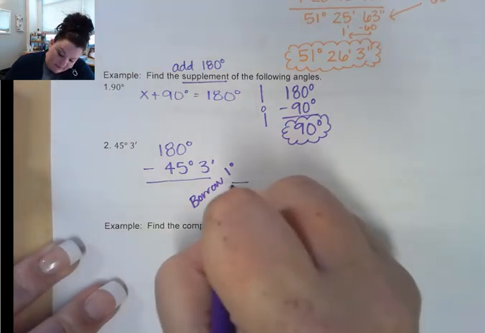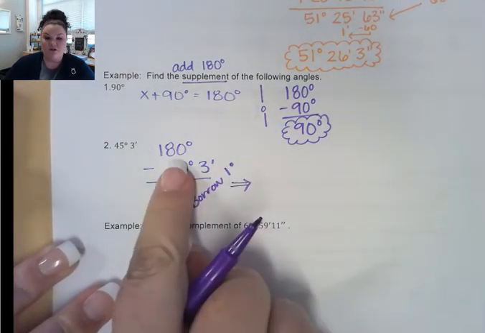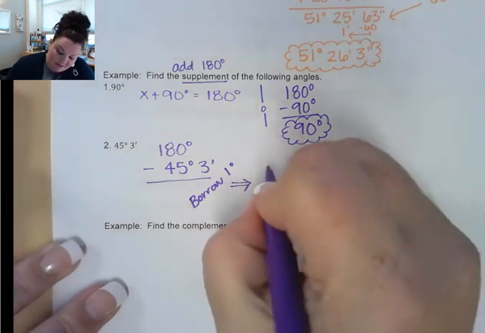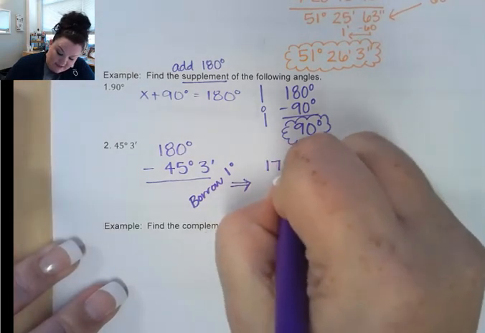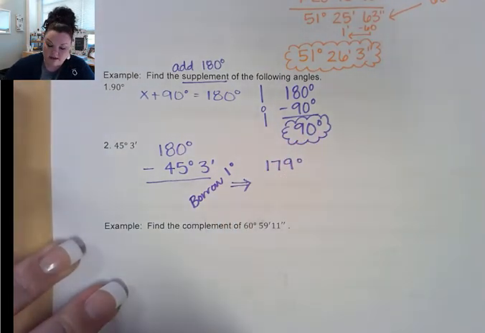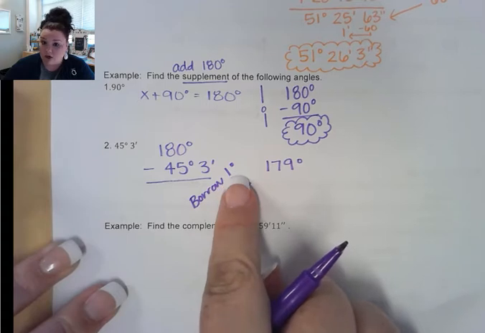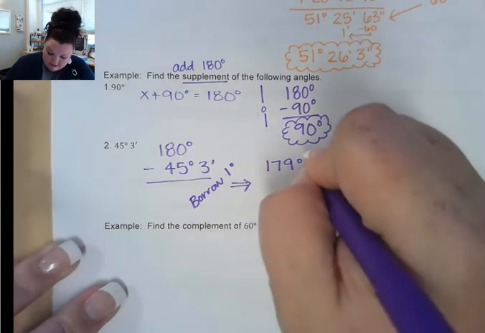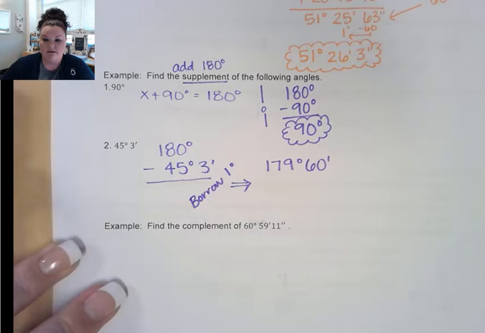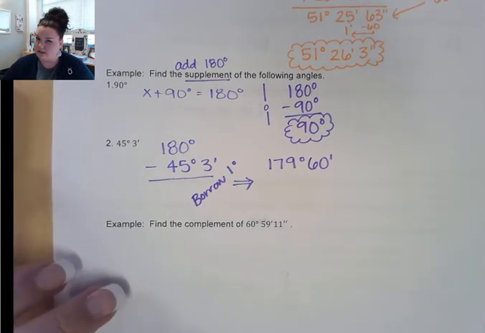So I'm going to rewrite this. If I borrow a degree from 180, that means I'm only going to have 179 degrees now, right? And that 1 degree that I borrowed is equivalent to 60 minutes. Okay, everybody okay with what I did there?